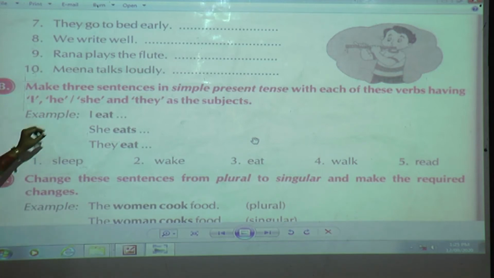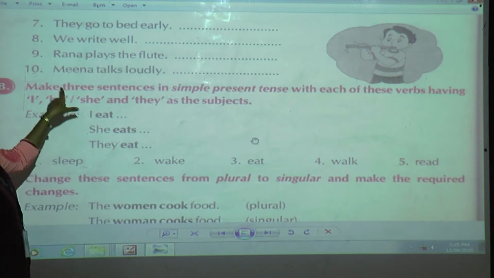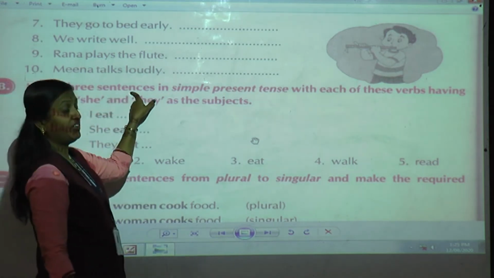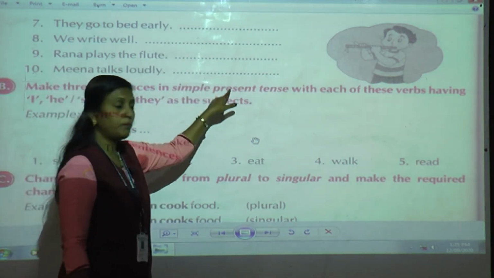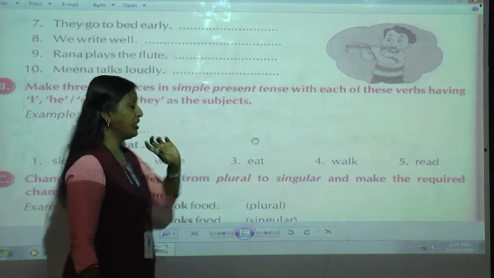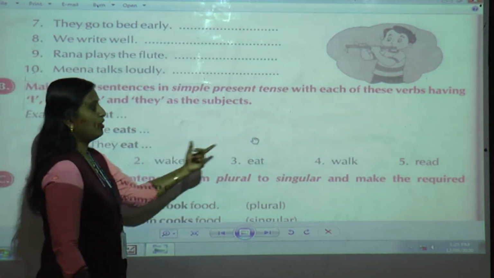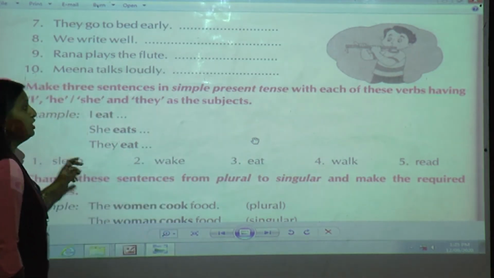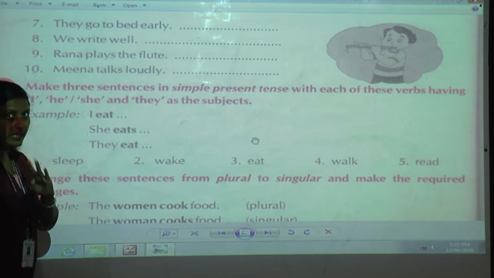Now, what they have told, you have to make 3 sentences. They have given an example over here. In which tense? As we are learning present tense, we have to make it in simple present tense with each of the verbs. Here you can see how many verbs are given. 5 examples. So you have to take the help of these verbs and make 3 sentences.